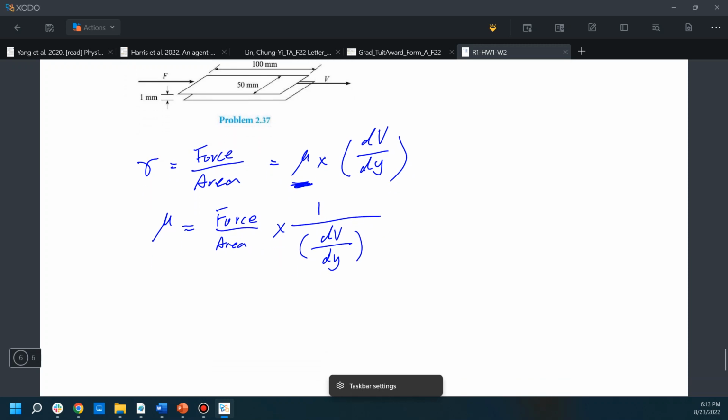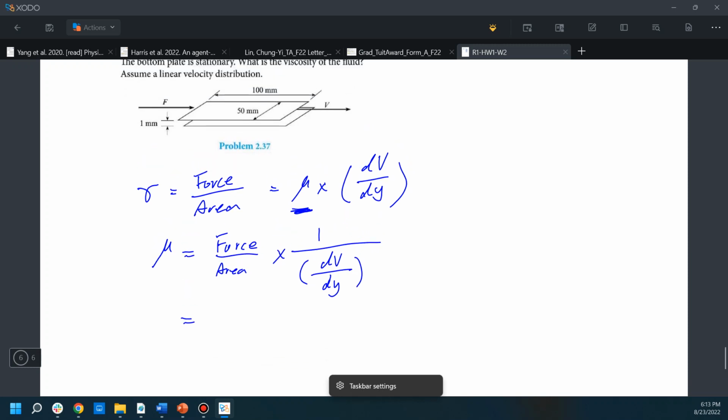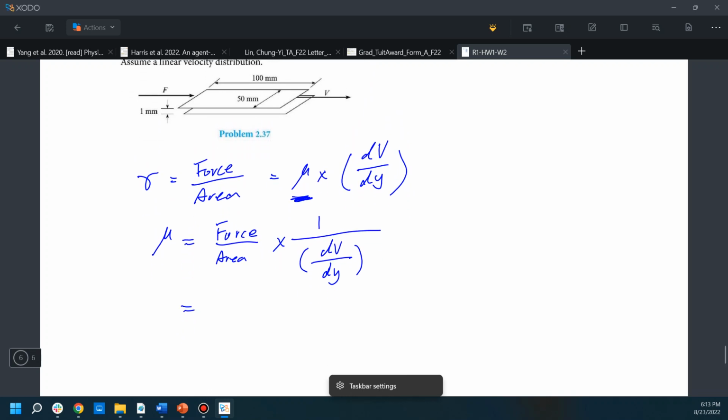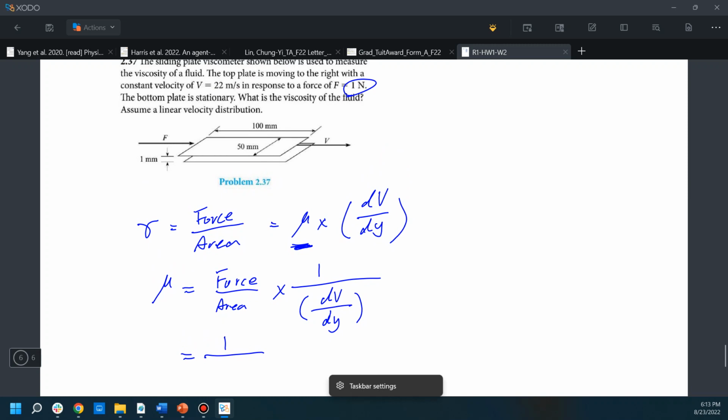Okay, and we know the force is equal to 1 Newton. So this is 1. And the area is equal to 100 millimeter times 50 millimeter, but we want to use the unit in meter, so that means we have 0.1 meter for this one, and this is 0.05 meter.